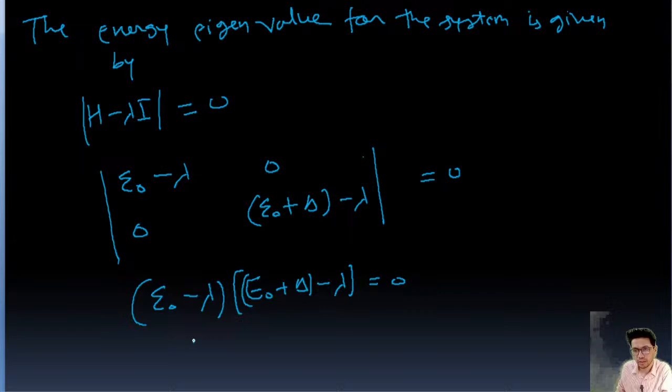So from here, the values of lambda, the eigenvalues, are E naught and E naught plus delta. Very simple thing. So we have got the eigenvalues, right? Lambda value means E we have got.